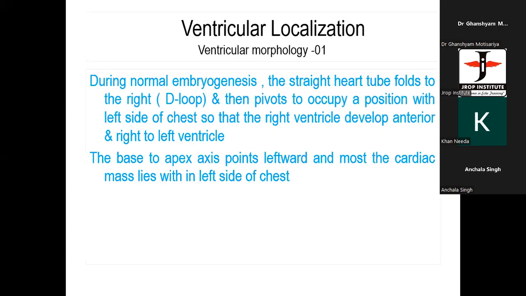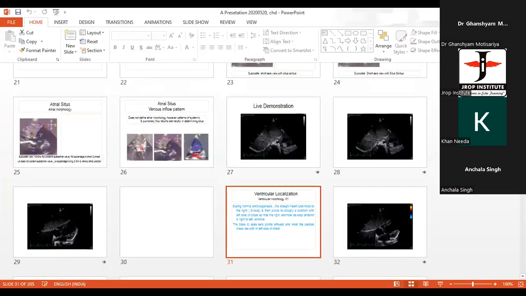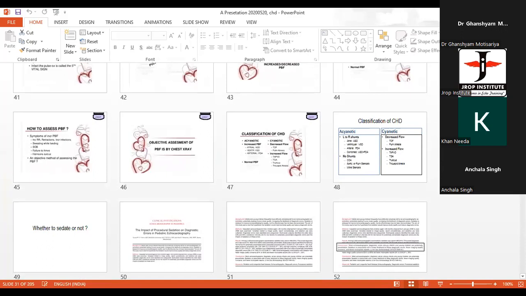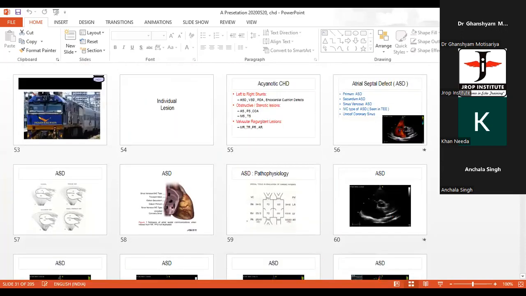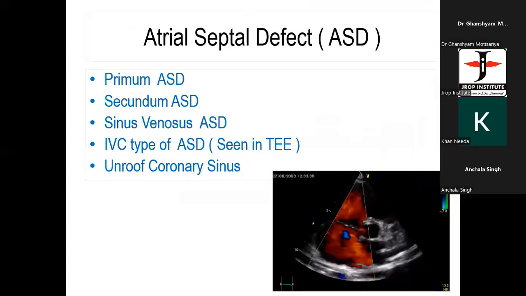So I'll move my slide, the same slides, to varieties of ASDs. So in varieties of ASD, what do we look for? We look for these kinds of varieties of ASD: septum primum, septum secundum, sinus venosus, and in sinus venosus, it could be SVC type or IVC type.